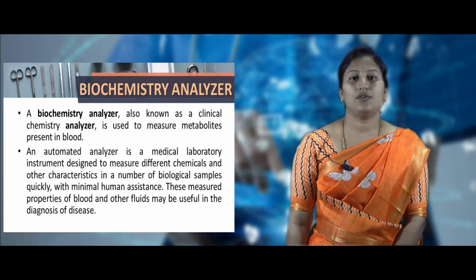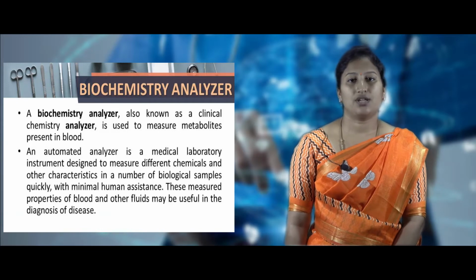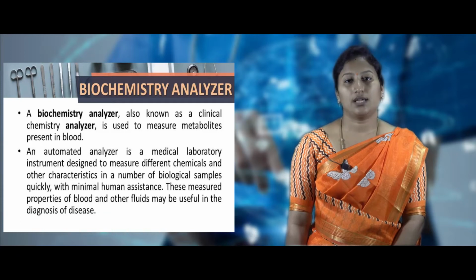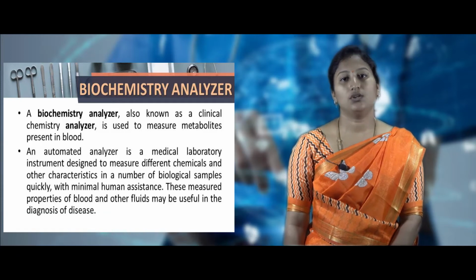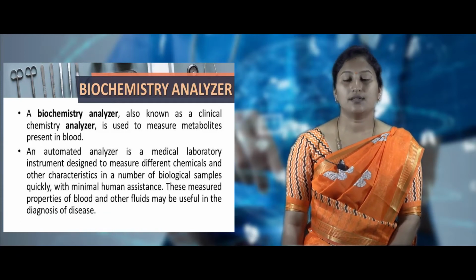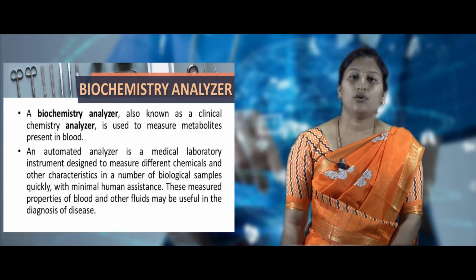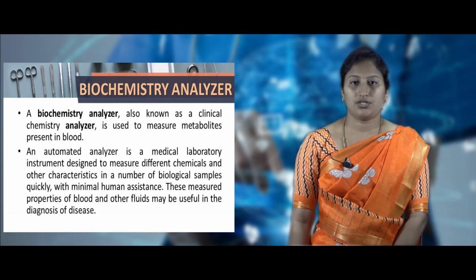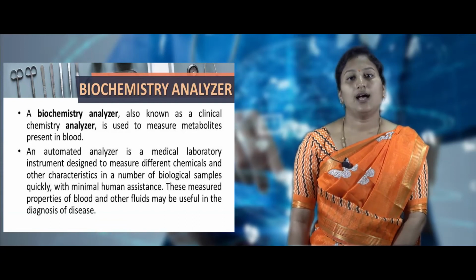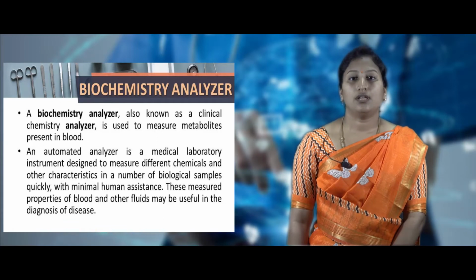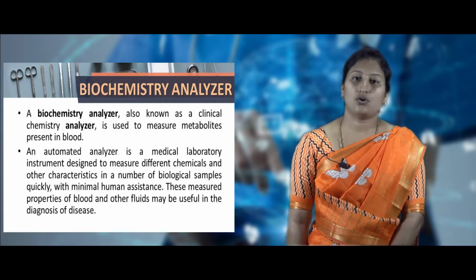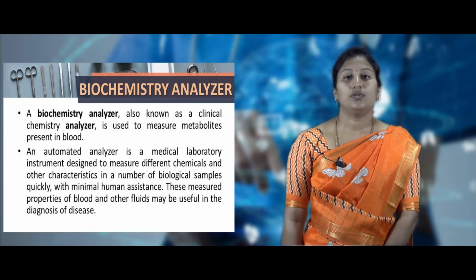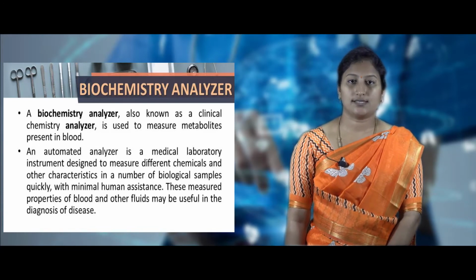The next device we are going to discuss is biochemistry analyzer. A biochemistry analyzer or a clinical chemistry analyzer is a device used to measure metabolites present in the blood. An automated biochemistry analyzer is a device used to measure clinical and other characteristics of a number of biological liquids or fluids in a quick manner and with minimal human assistance.